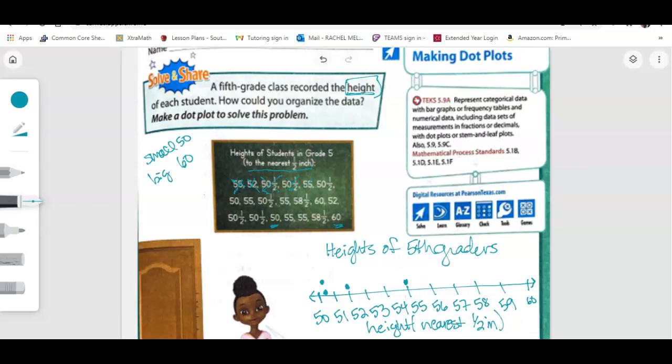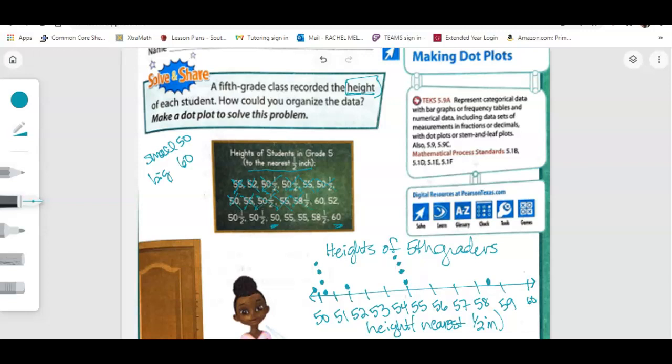Okay, here's another 55. Here's another 50 and a half, a 50, another 55, another 50 and a half, ooh, another 55, a 58 and a half. So a 58 and a half has to be between the 58 and the 59.